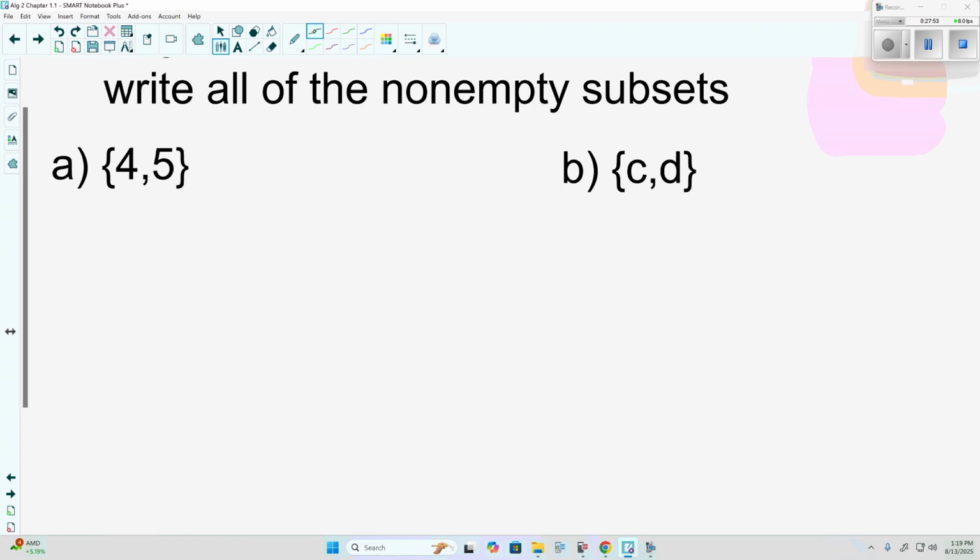So if we look at the first one, 4, 5. What is one subset? The set containing what? 4. Because if we just have the set containing 4, is that a subset of 4, 5? Oh yeah, that's one subset. What would another one be? The set containing 5.